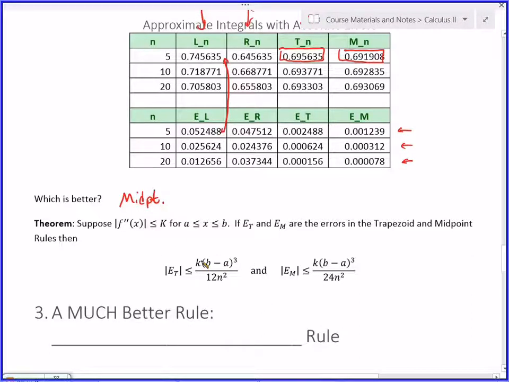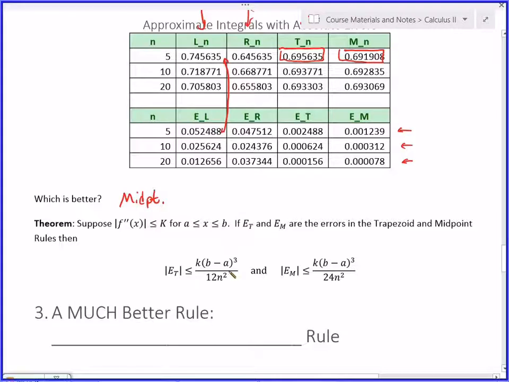That's what my PhD is actually in. What this theorem down here says is that both of these things, the error of the trapezoid rule and the error of the midpoint rule, get small as n gets large. We know that. That's kind of what we expect. But this formula tells me how fast it gets small by how fast n gets large.